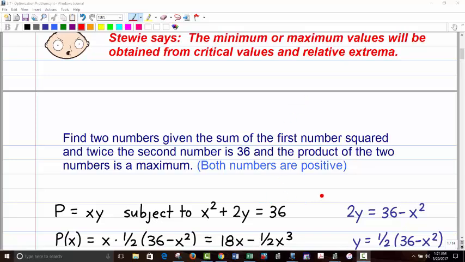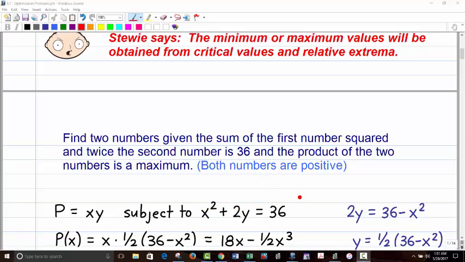All right, so this is where I'm letting the first number be x, the second number be y. You could reverse that if you wanted to, it wouldn't hurt. But the first number squared would be x squared, and twice the second number would be 2 times y, and is 36.